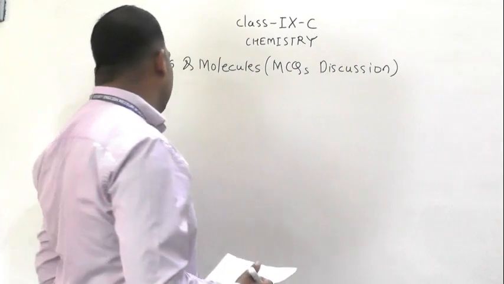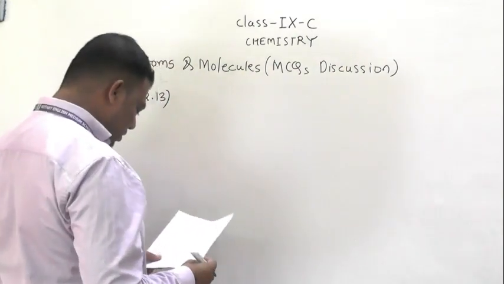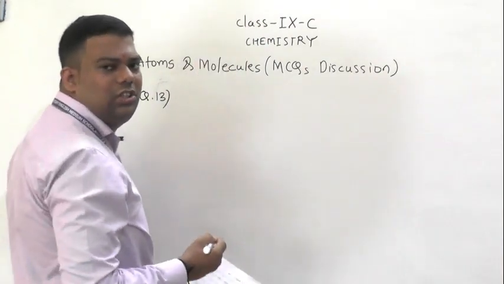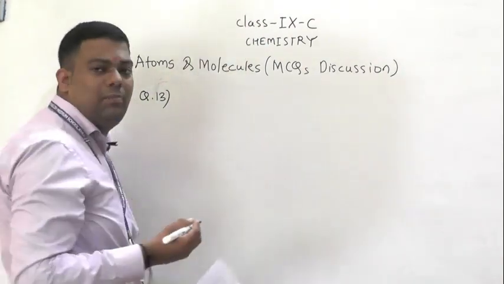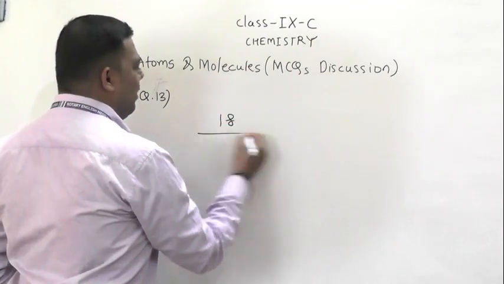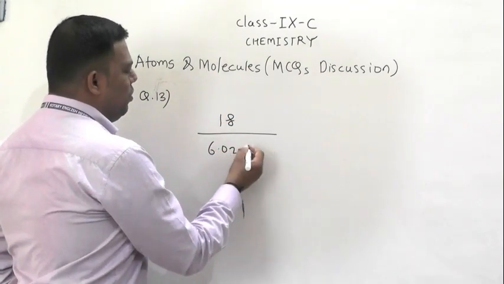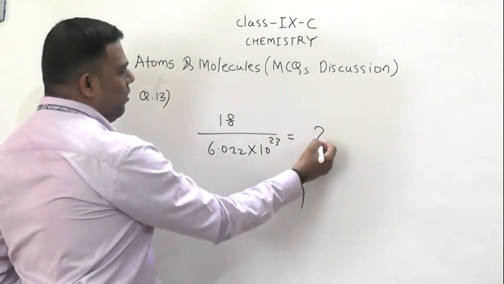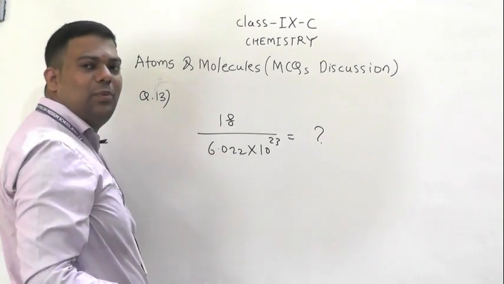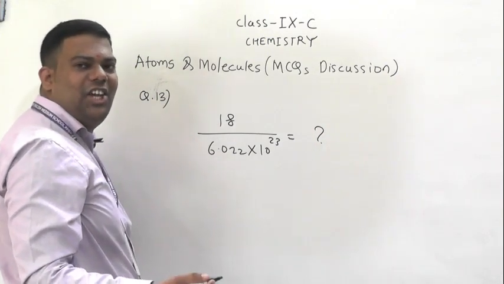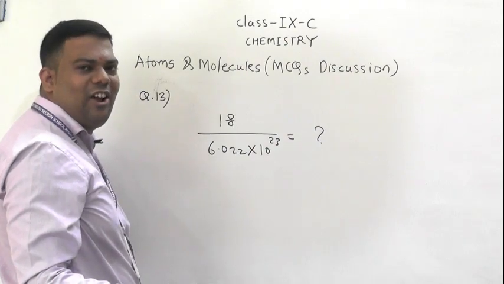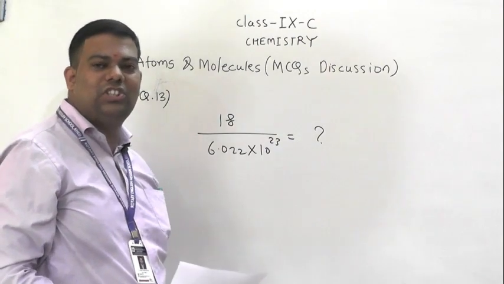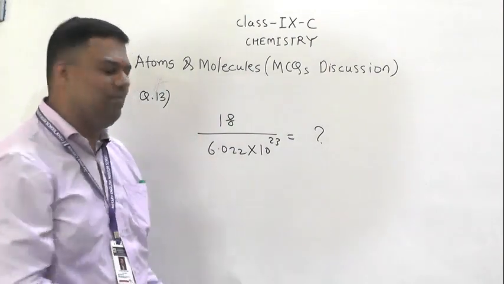Okay, so see, as we know, the water mass is how much? Yes, 18: oxygen 16 and 2, so 16 plus 2, 18. So 18 divided by your Avogadro number 6.022 into 10 raised to 23, then you will get the answer. And the mass of a single molecule of water in AMU, I already discussed what is AMU, that is by multiplying 1.66 into 10 raised to minus 24 gram.